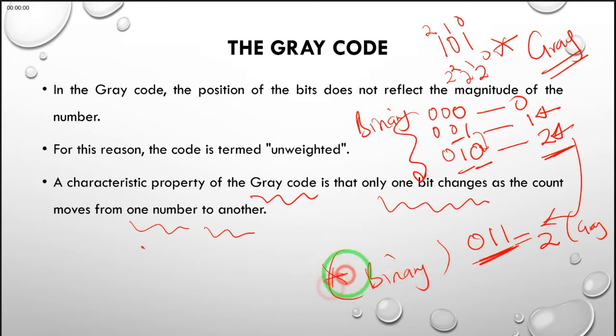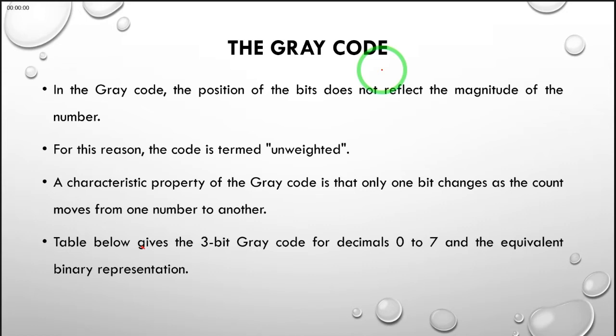So that is the characteristic feature that you observe with gray code, which is quite unique from the normal binary representation. We now see the 3-bit gray code for decimals 0 to 7 and how they are represented in both the binary number system and the gray code.